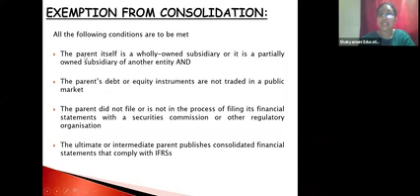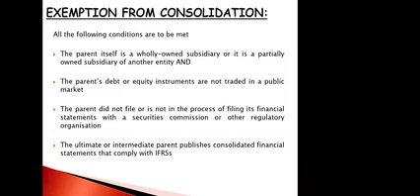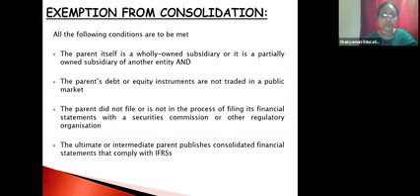The parent itself is a wholly owned subsidiary or partially owned subsidiary of another entity. So I will give an example of this. Company B acquired 80% shares of C, and it has control because there are no other conditions with respect to control.